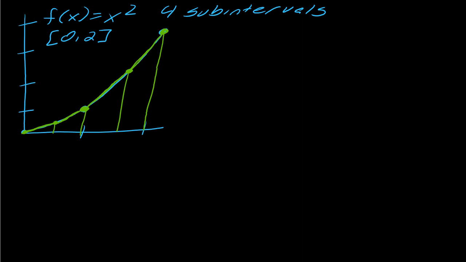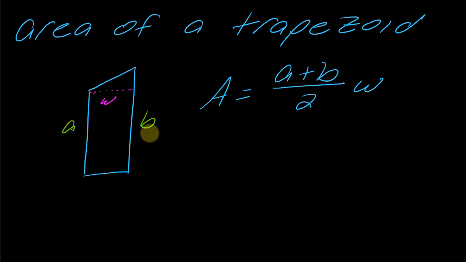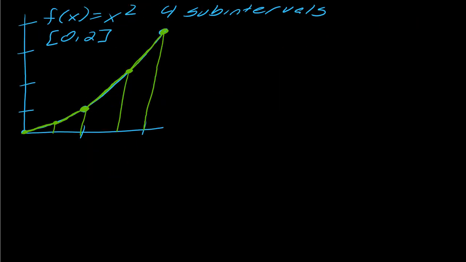We can see already with the trapezoid, you've got a lot more things to consider: these two sides and the width. So it's just a slightly more cumbersome formula. But the benefit is that at just 4 subintervals, I can see visually this is probably a much better estimate than working with, say, rectangles.